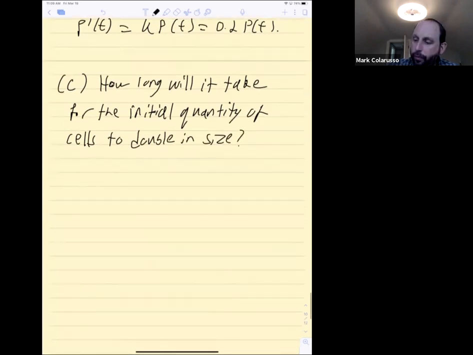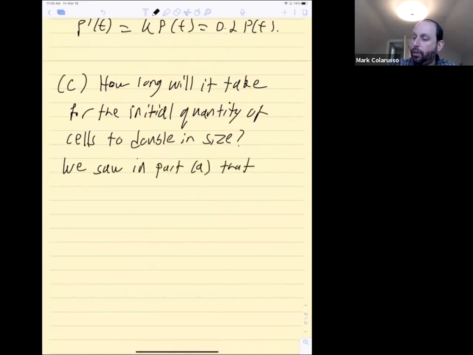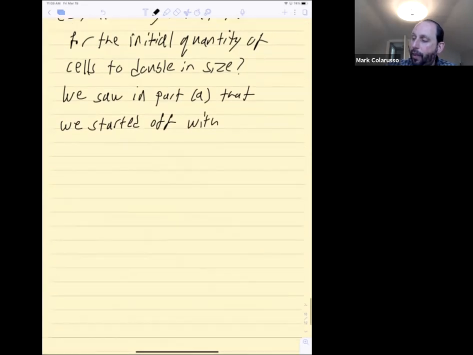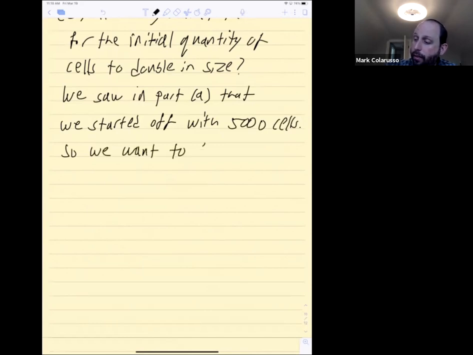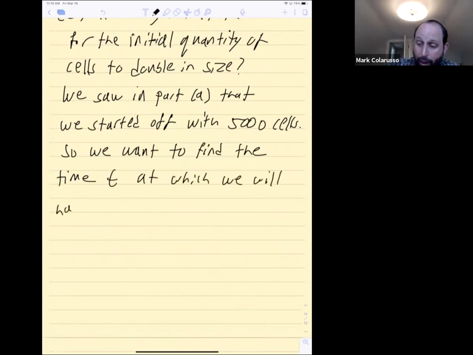Okay, so we saw in part A that we started off with 5,000 cells. So we want to find the time t at which we will have 10,000 cells.